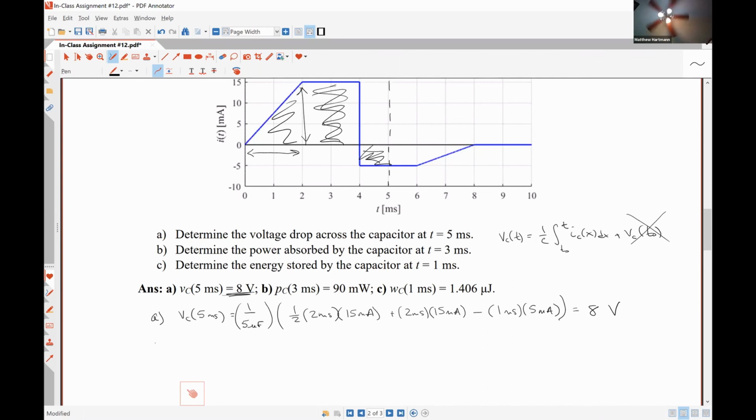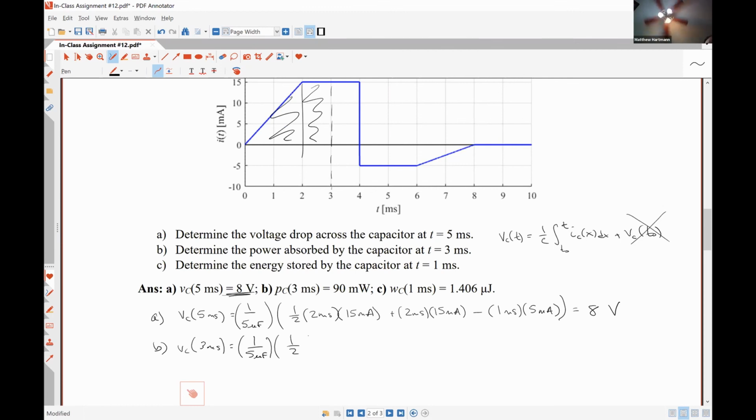All right, part B, we're looking at things at t is equal to 3 milliseconds. So that's this section right here. So we would have this triangle, which we already know how to take the area of, and this rectangle will give us our voltage, and then the voltage multiplied by our current at exactly 3 milliseconds will give us our power. So VC at 3 milliseconds, it's going to be 1 over 5 microfarads.